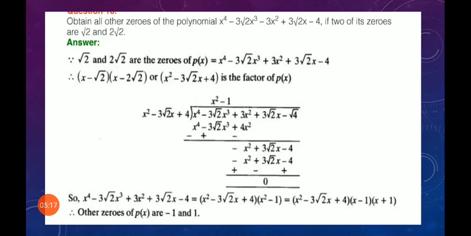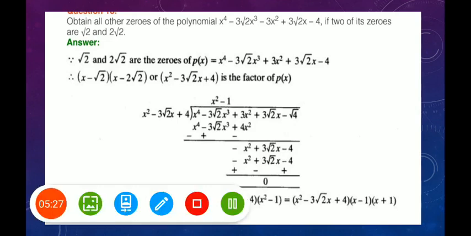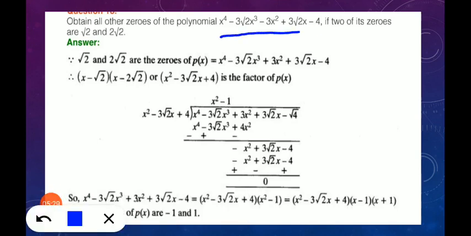Obtain all the zeros of the polynomial x power 4 minus 3 root 2 x cube minus 3x square plus 3 root 2 x minus 4, if two of its roots are root 2 and 2 root 2.